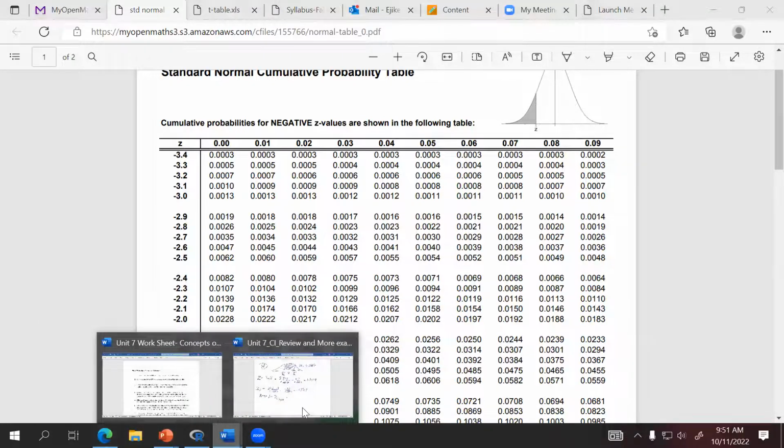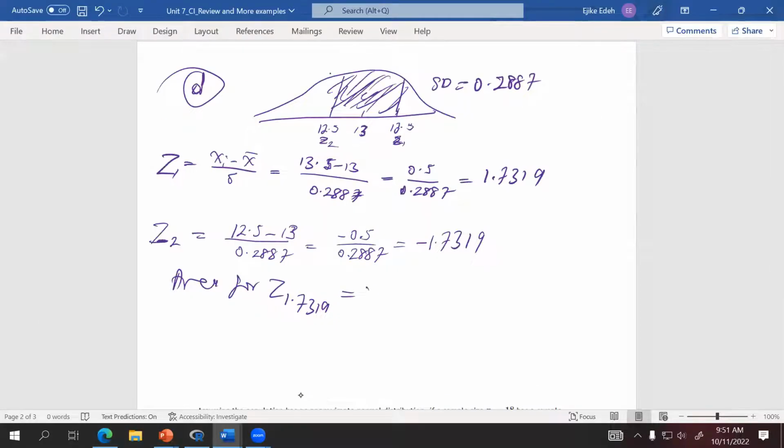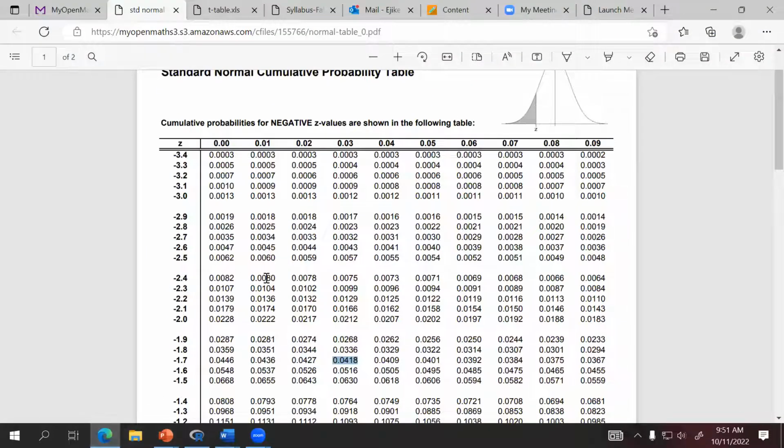0.0418. Let's go back to the question now. We also find the area covered to the left tail for Z of negative 1.7319, and again we can only go as far as negative 1.73. So we had 0.0418 for negative 1.73.